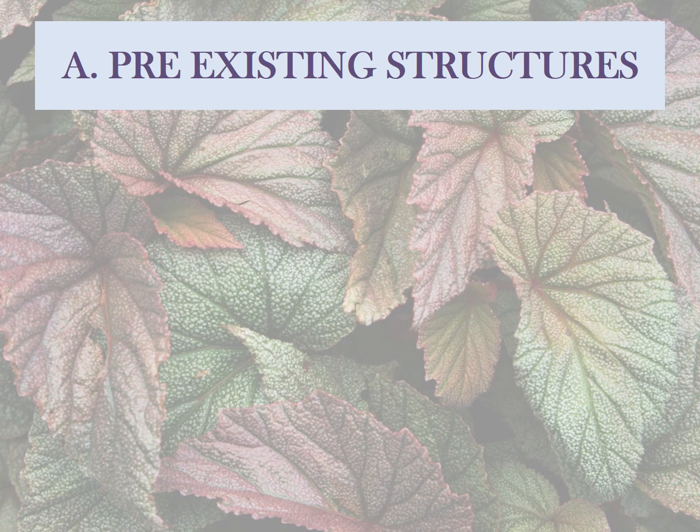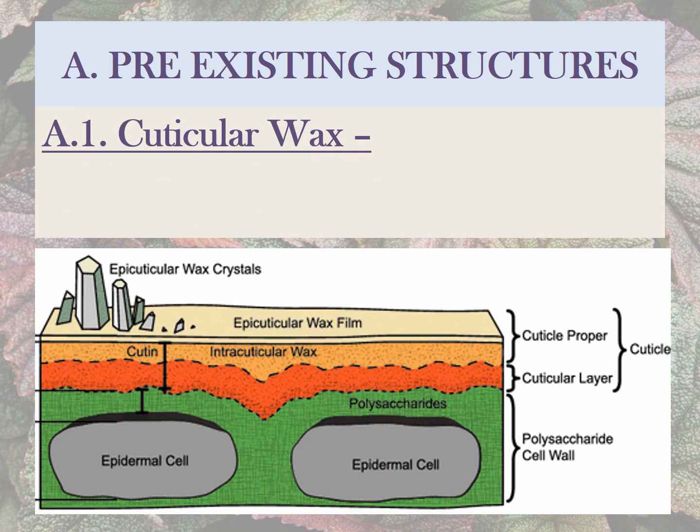The first pre-existing structural defense mechanism is cuticular wax. We have earlier also studied about this. It is a hydrophobic surface, which means that it repels water, preventing the retention of water drops. If there is water present on the surface, pathogens can be deposited and may start germinating.